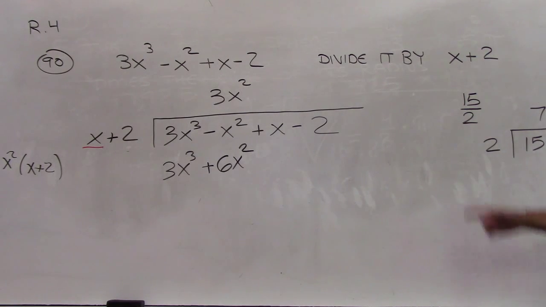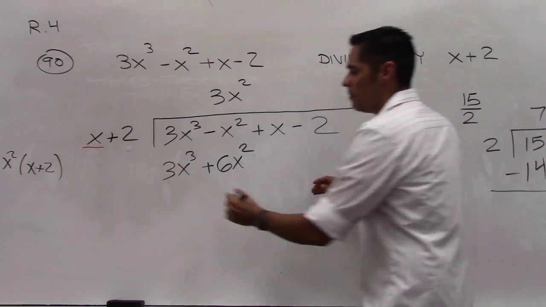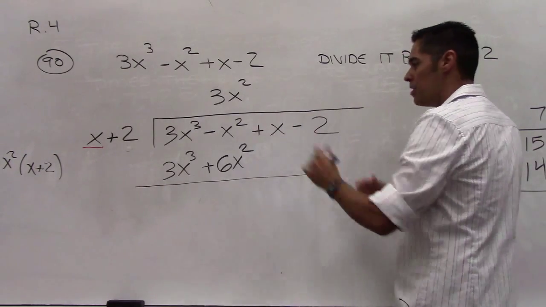Okay, understand? Oh, I was going to say, don't you have to change the sign? Yeah, so coming back here, we put the 14 here, didn't we? 7 times 2 is 14. And then what did we do? We subtracted, right? So we changed the sign from the 14 to negative 14. We do the exact same thing here. We come in and we say, I'm going to take this and I'm going to change the signs.